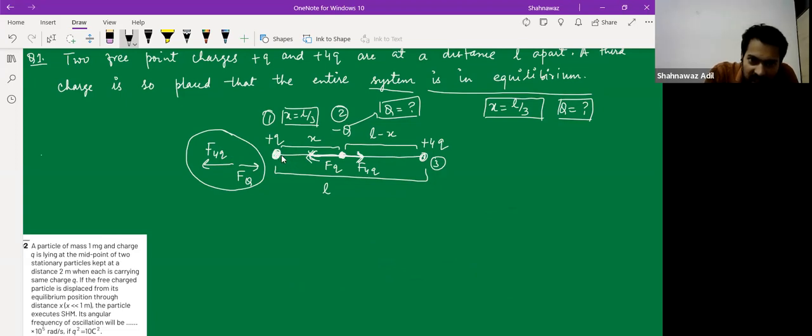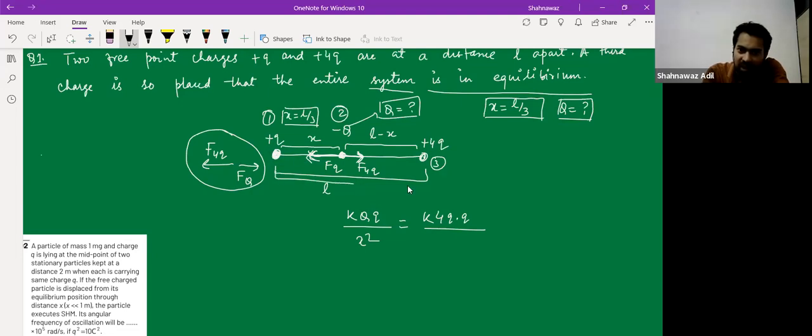So how much is FQ? FQ is KQQ by X squared, right? And how much is F4Q? This is K4Q into Q by how much? This length is L squared, right?